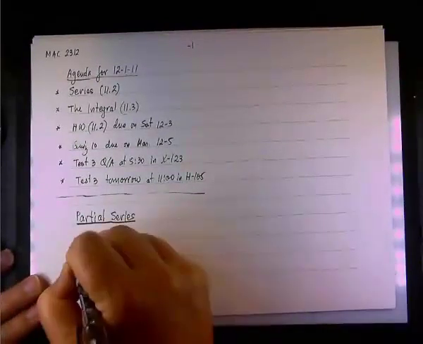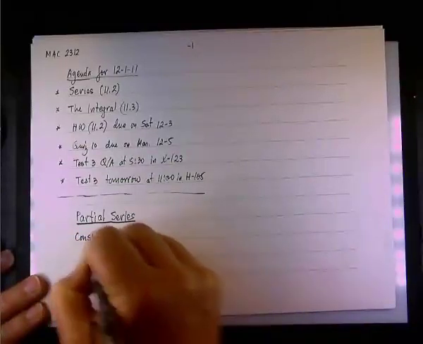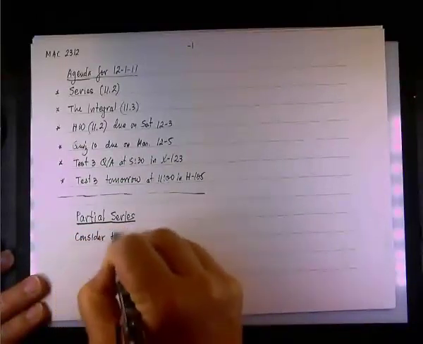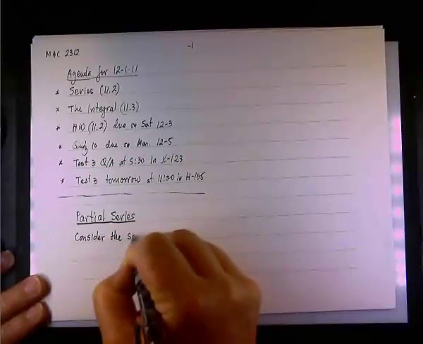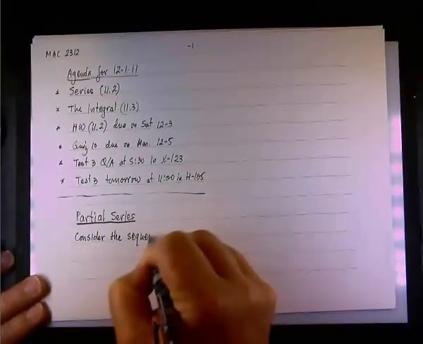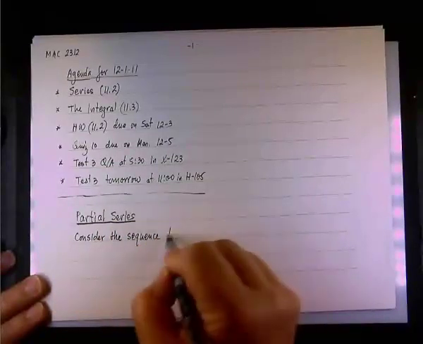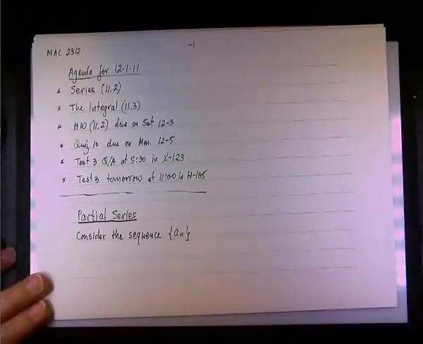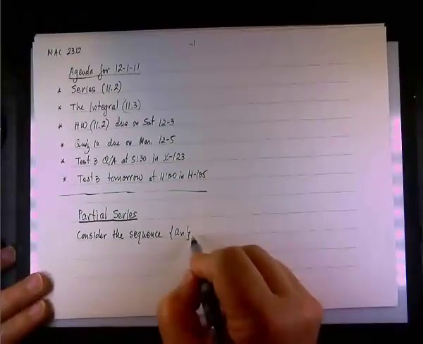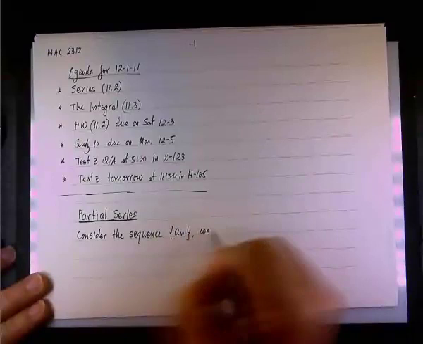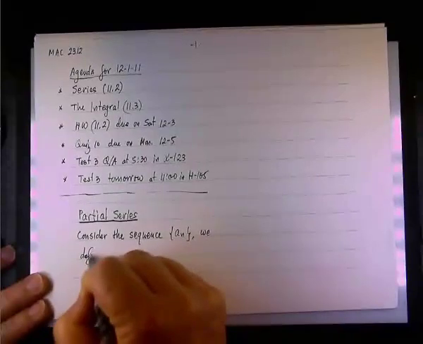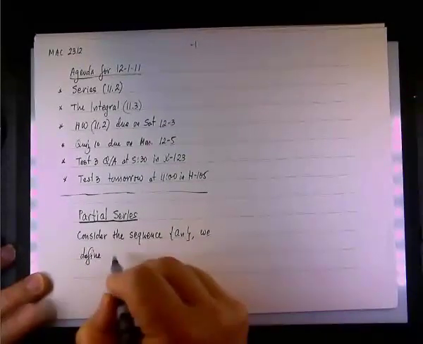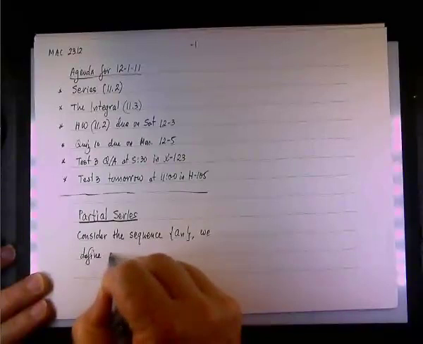Anyway, consider the sequence. A generic sequence, let's say, collection of A sub n, like so, and then we define partial sum in the following manner.